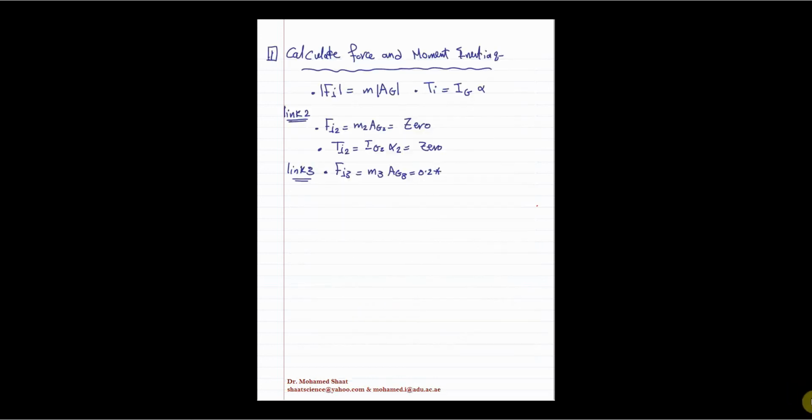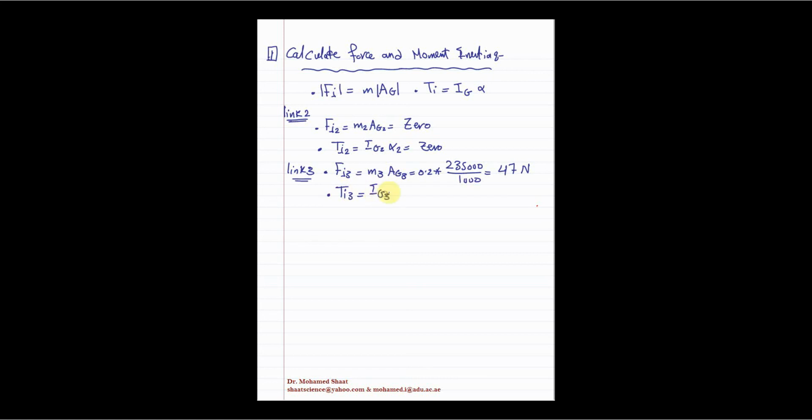So I have to convert it into meters per second squared to end up with the force in Newtons. So this is 0.2 kilograms times 235,000 divided by 1000 to convert from millimeters into meters. This gives us the inertia force for link 3, which equals 47 Newtons.